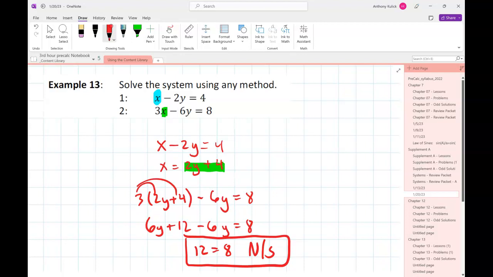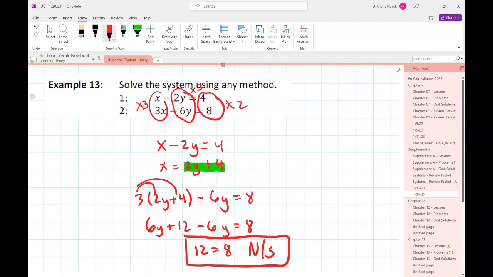Now notice that I could have noticed from the jump, without even trying to solve this system, that this is going to have no solution. To go from x to 3x, I multiply by 3. To go from 2 to 6, I multiply by 3.